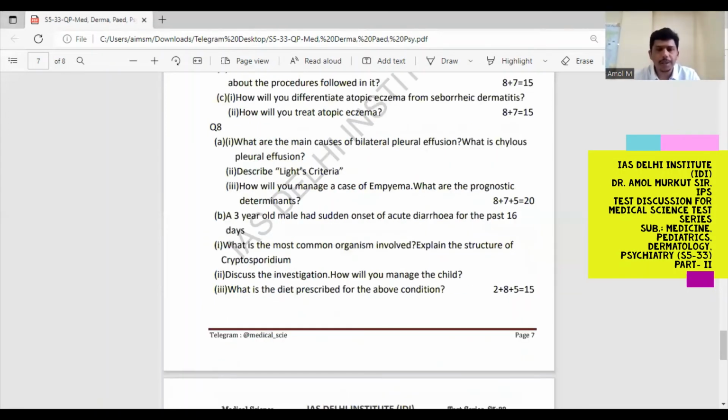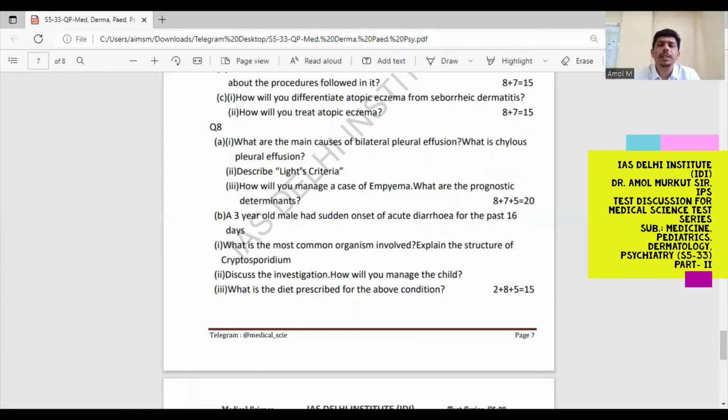So question 8: what are the main causes of bilateral pleural effusion? All the cases where there is decreased osmolarity of the blood and an increase of water load or fluid load intravascularly. Which are these conditions? Cardiac failure, so there is a fluid overload. Then nephrotic syndrome, when proteins are less, water is more.